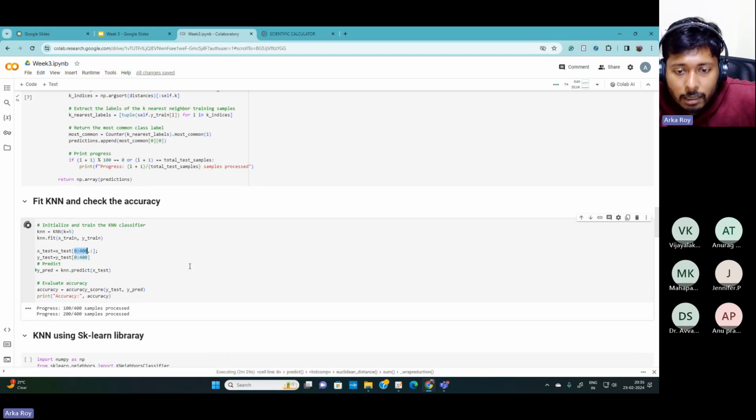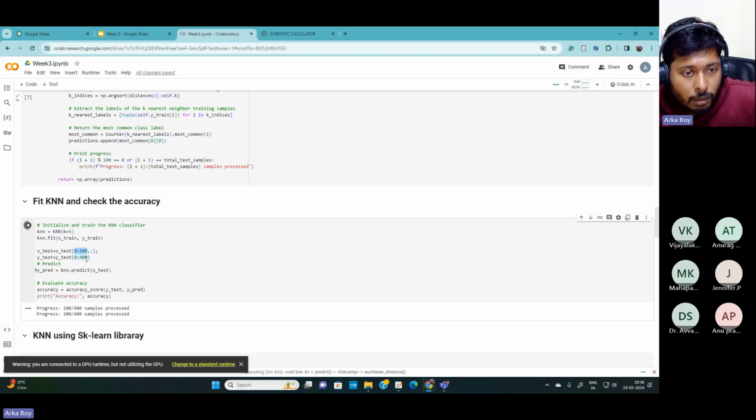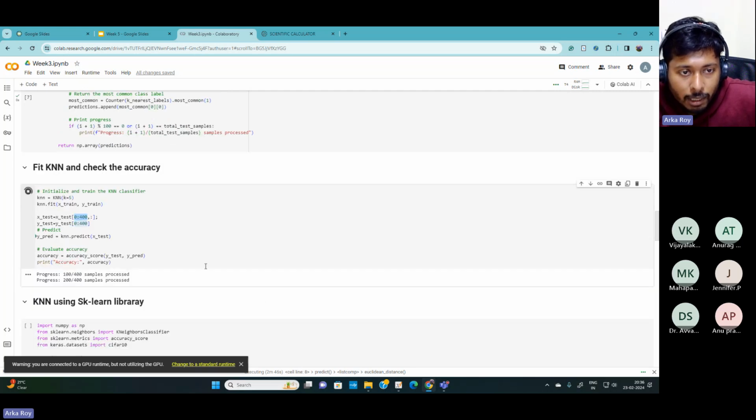So if the system hardware is good enough, then it will take less time. For 400 images, it will take probably around 4 to 5 minutes. And you can understand that for 10,000 images, how much time it will take to train the whole KNN model.